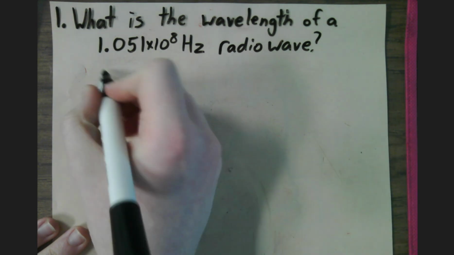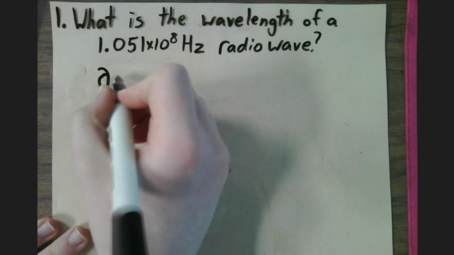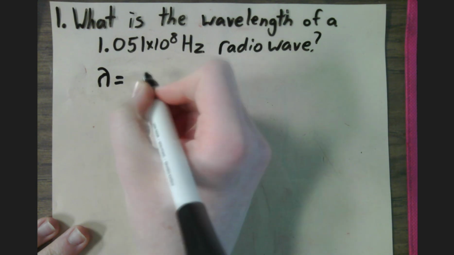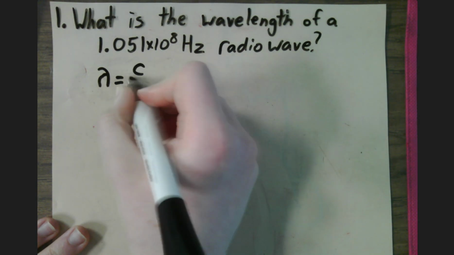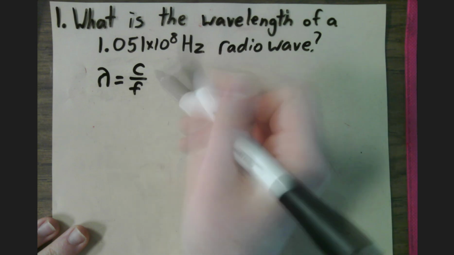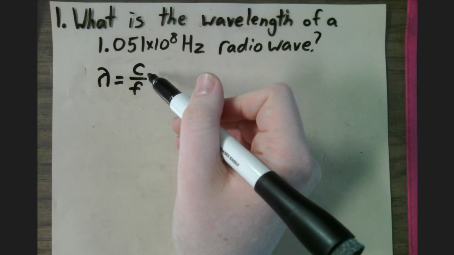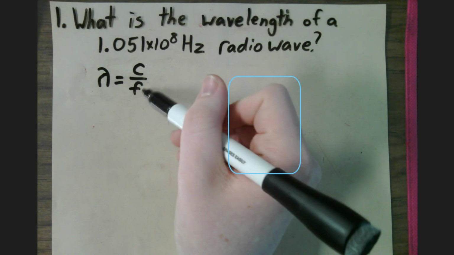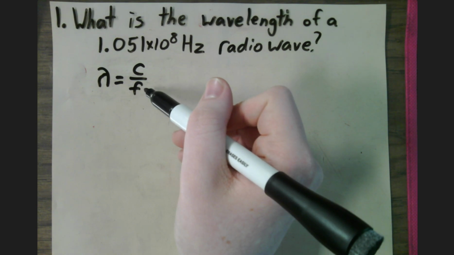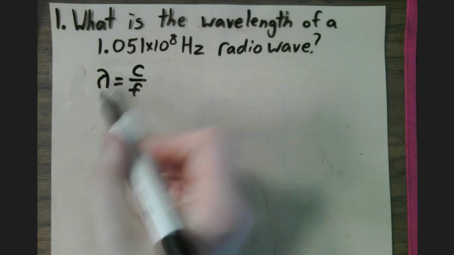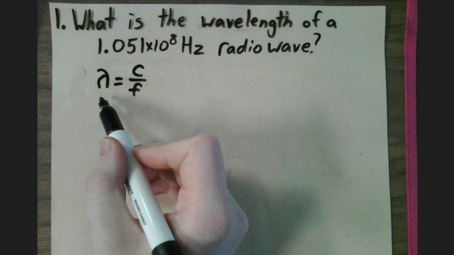Our formula is lambda, which kind of looks like an upside down y, is equal to c over f. C stands for the speed of an electromagnetic wave in a vacuum, whereas f represents the frequency of the wave, and lambda is the wavelength.